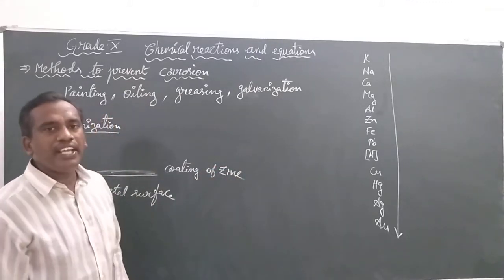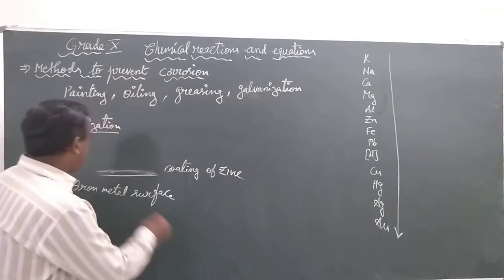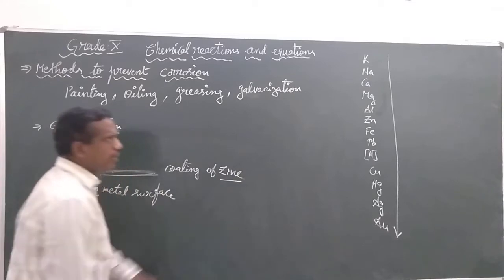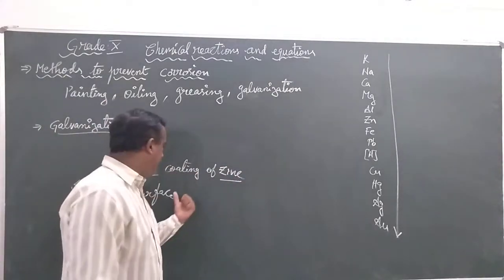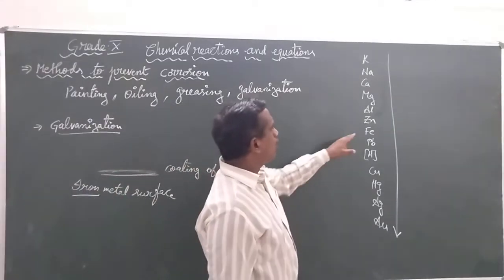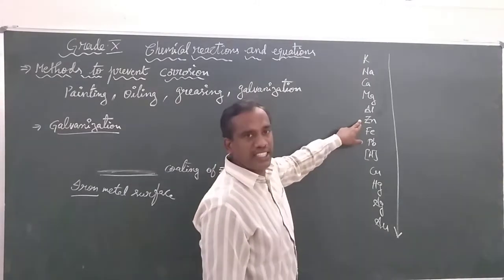Which one are we applying? Zinc. If you see iron and zinc in the metal reactivity series, we can observe here we have the iron and we have the zinc.